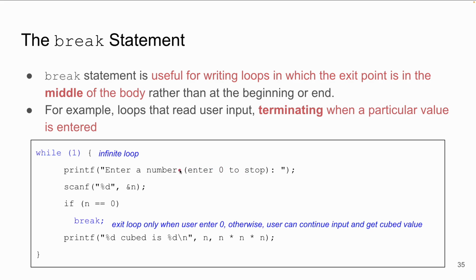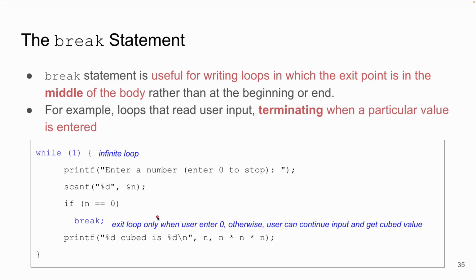If the user wants to stop this enter-value process, they can enter 0 to stop the loop. To do that, I can write an if statement to check whether the input value is 0 or not, and if it is true, I need to exit this loop. So that is why I have an if statement here, and I put break inside this if statement.